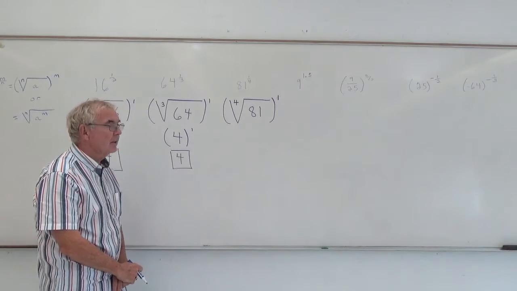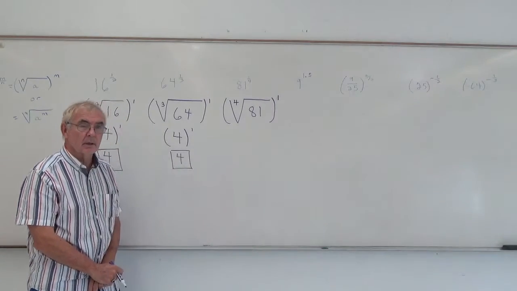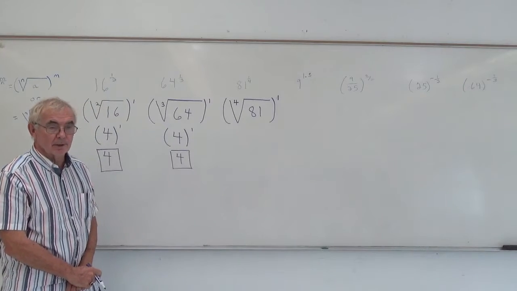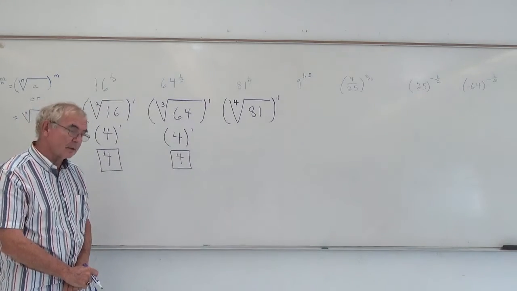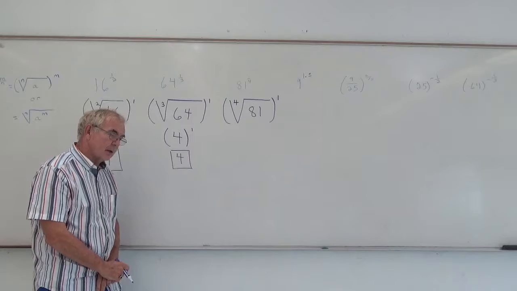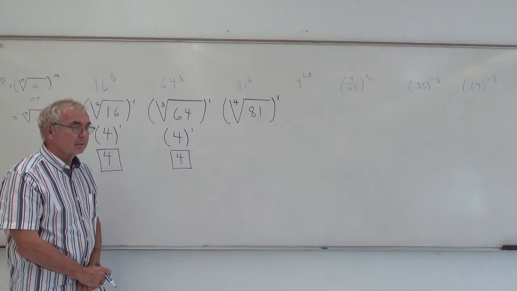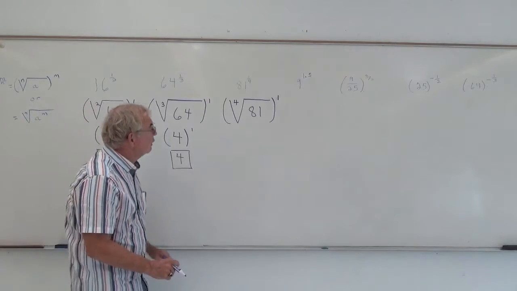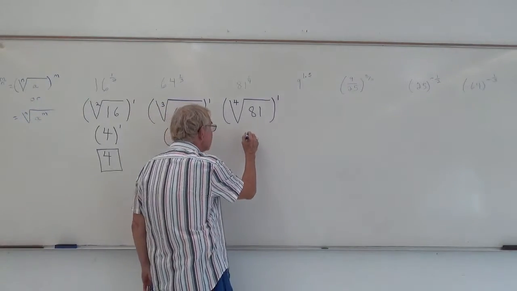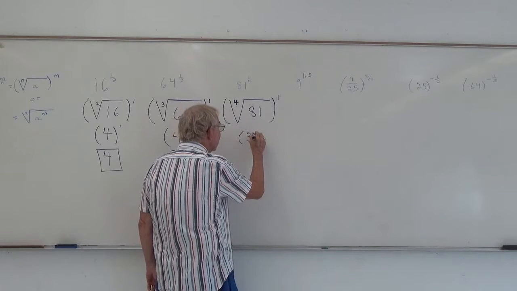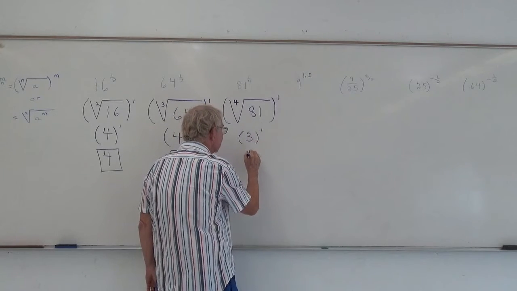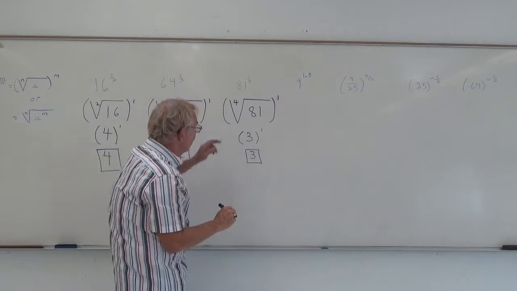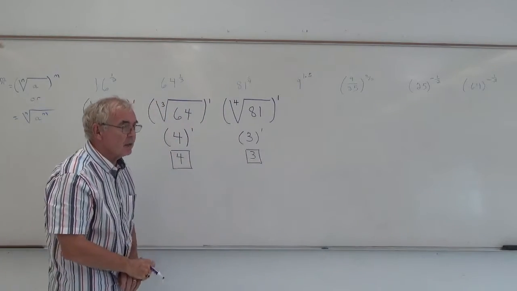Not yet. 3 times 3 is 9. 9 times 3 is 27. And now it's 27 times 3. You might have to write it out. But when you do, you multiply, you say, hey, that's 81. So the 4th root of 81 is 3. And that's to the first power, which is 3. So, we could keep going 1/5 power, 1/6, but I think you have the idea.